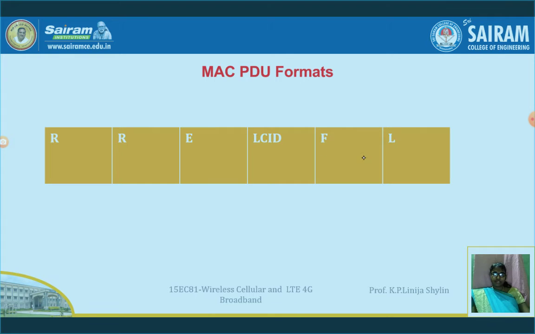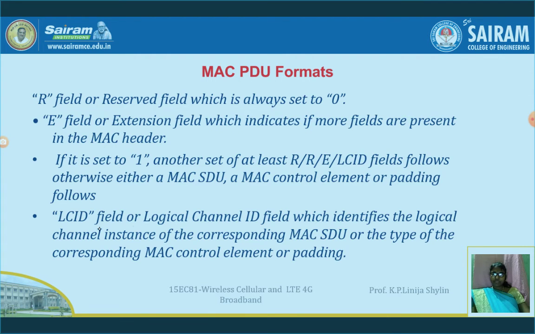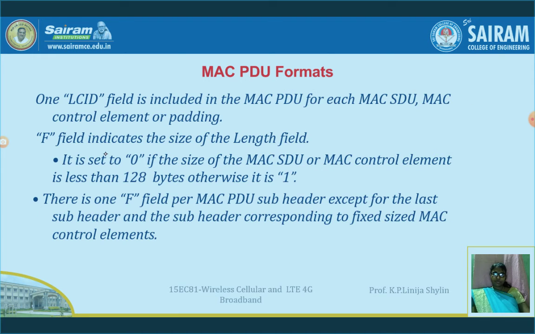Then followed by this is the F field. This field indicates the size of the length field. See here, LCID is the logical channel ID. Same way, if you go to the next, the F field is the length of the field.